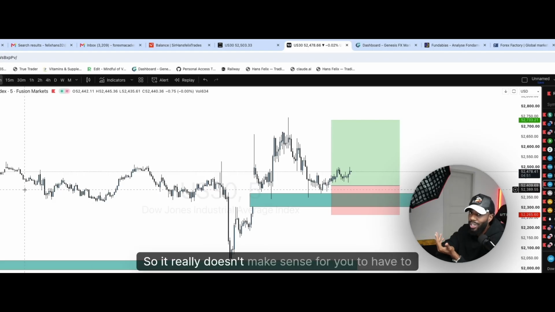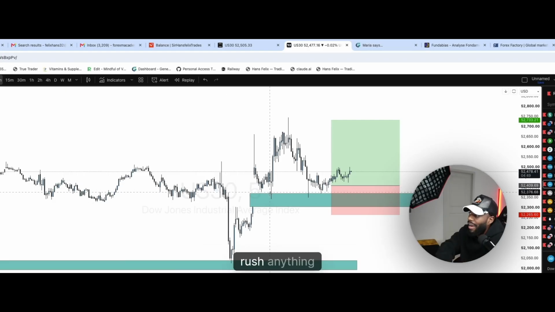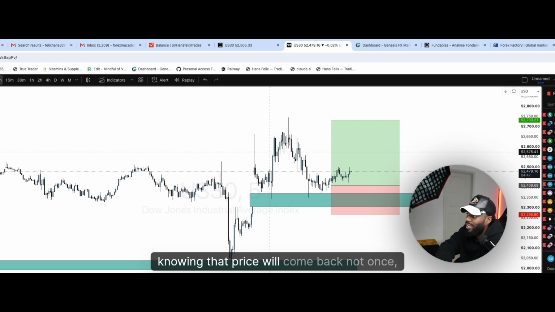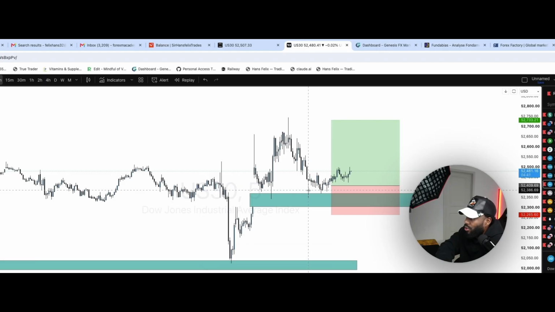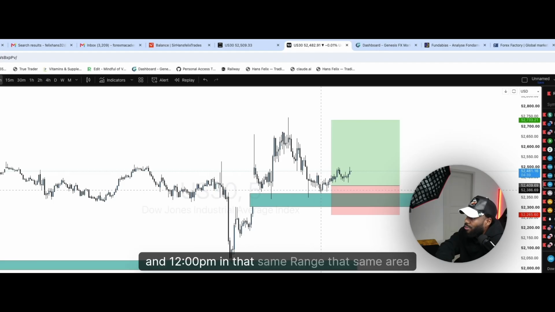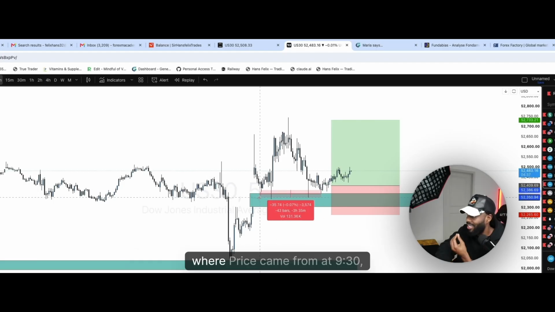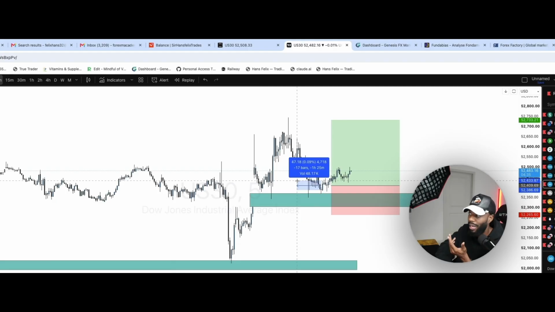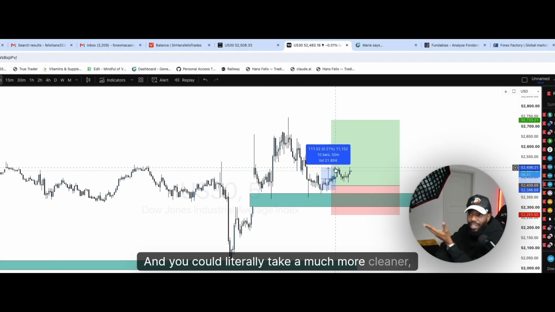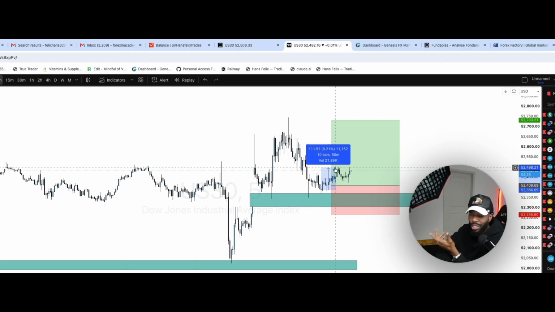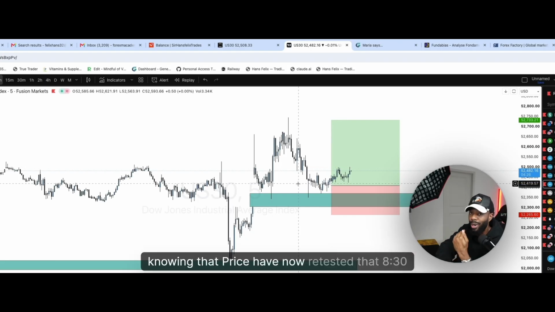So it really doesn't make sense to rush anything, knowing that price will come back, not once, sometimes twice. Look, again by 11:30 and 12 p.m., in that same area where price came from at 9:30, at 8:30, you could literally take a much cleaner, more peaceful position, knowing that price has now retested that 8:30 volume.